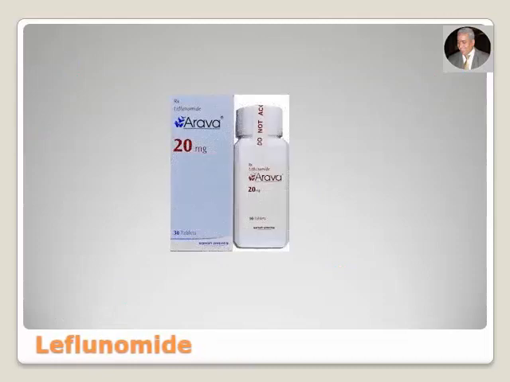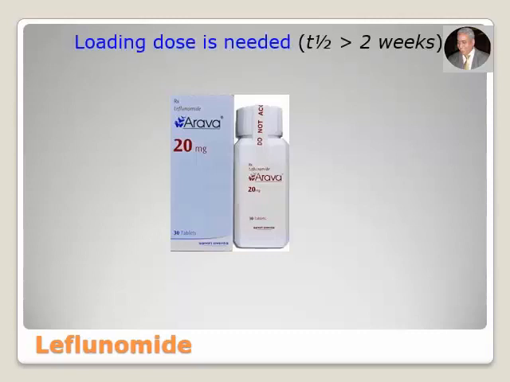The second drug, leflunomide, the substitute of methotrexate. This drug is also available orally. It has a long half-life, that exceeds 2 weeks, accordingly, a loading dose is needed to reach the steady-state concentration, CSS, more rapidly.